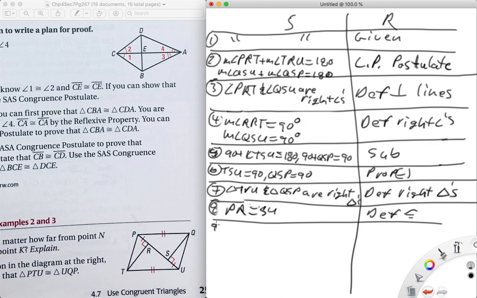Then I can say that RS is equal to itself. Reflexive.